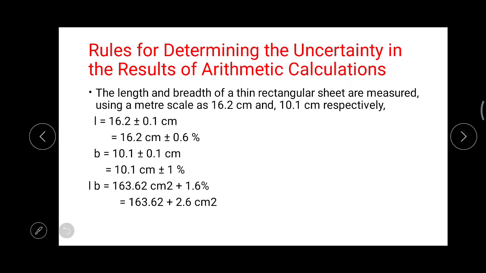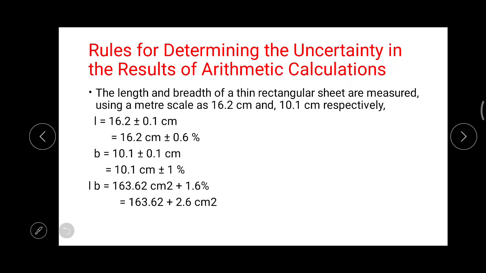If the rounding off happens, it will become 164, isn't it? Actually only 3 significant figures have to be considered. So 163.62 will become 164, but here there is no difference they have made.